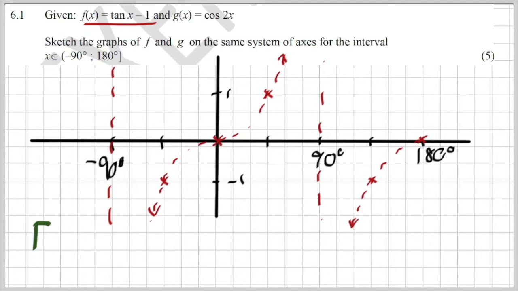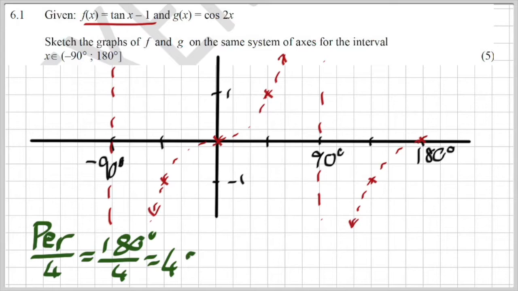Well, remember taking the period and dividing it by 4. So 180 degrees over 4 gives me 45 degrees, which means every 45 degrees something special happens, both in the positive direction as well as in the negative direction.